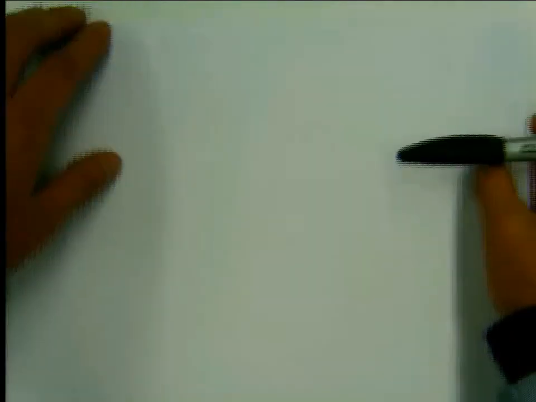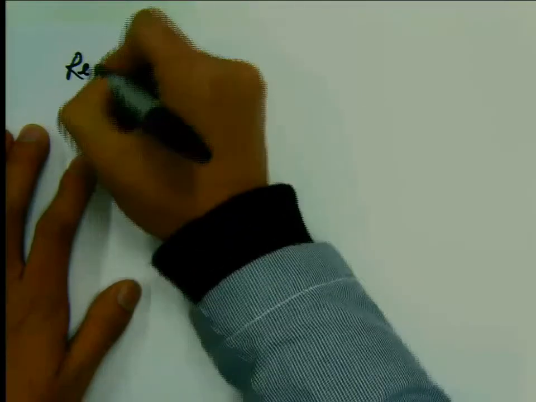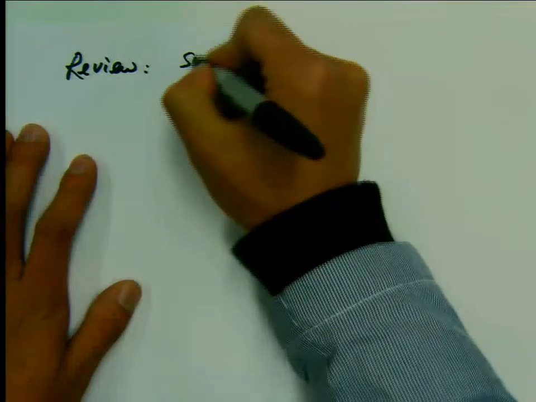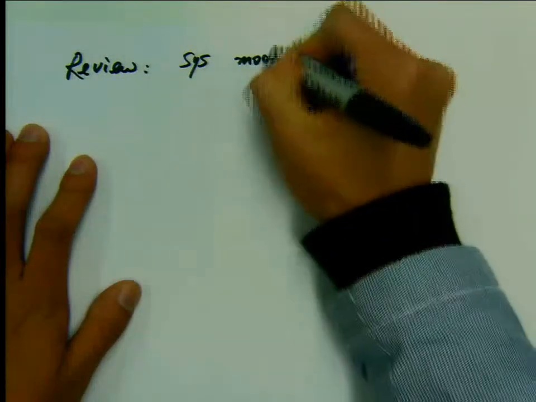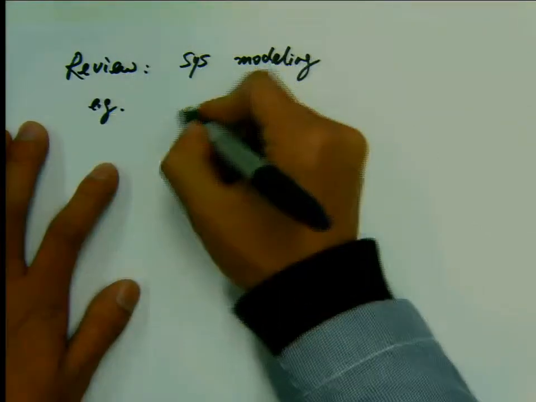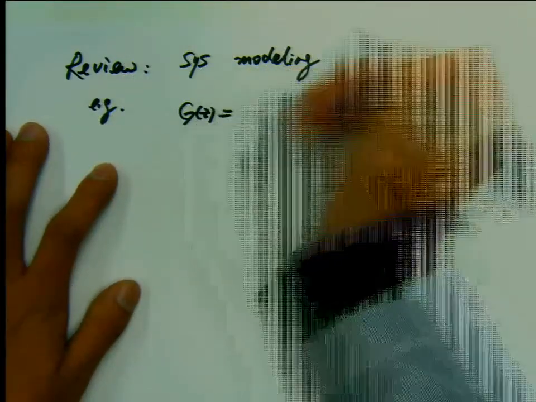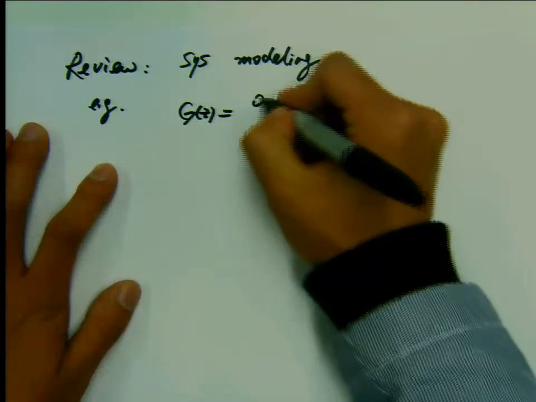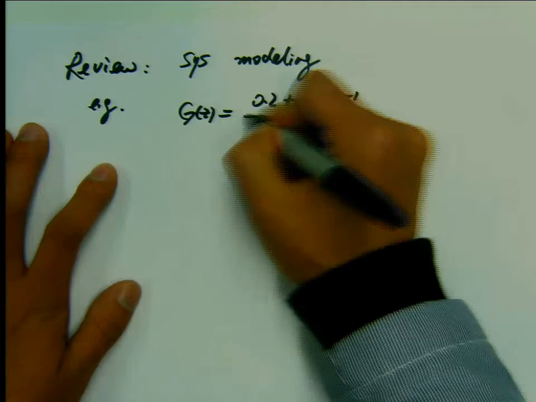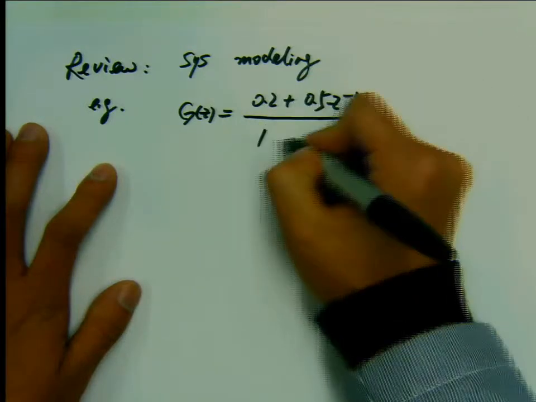I would like to start the analysis by reviewing something that you have seen, but I haven't officially introduced yet: system modeling. For example, when we write the plant transfer function as, let's say, (0.2 + 0.5 z^-1)/(1 + 0.9 z^-1), this is just an example.